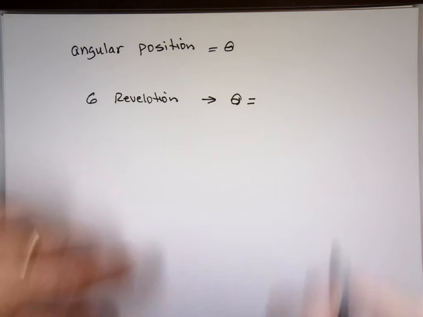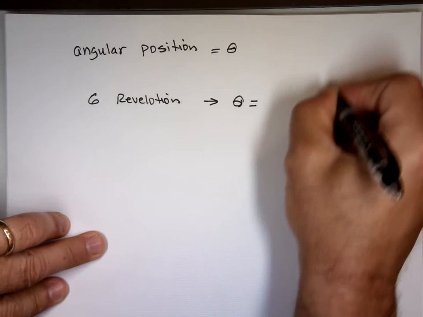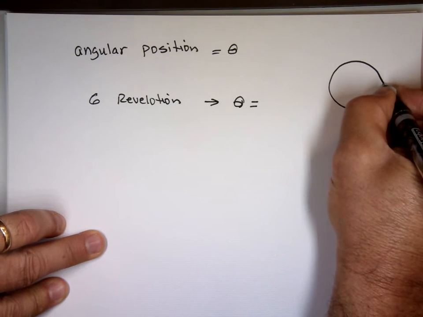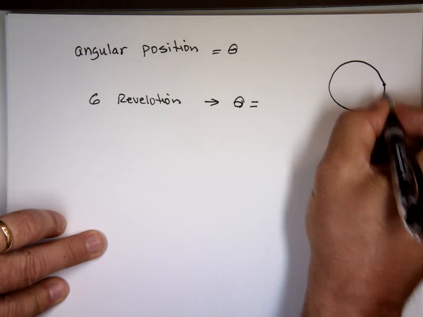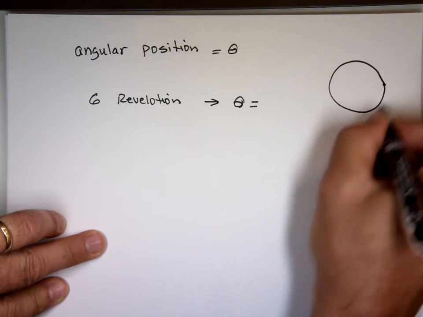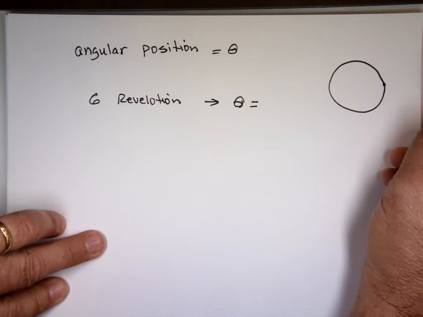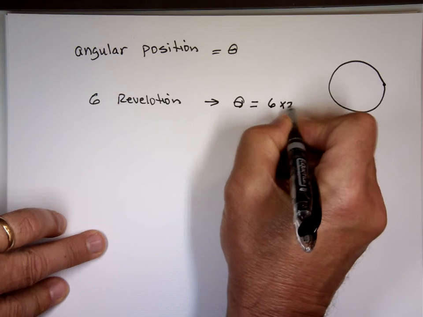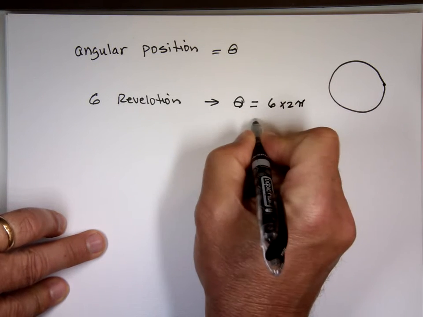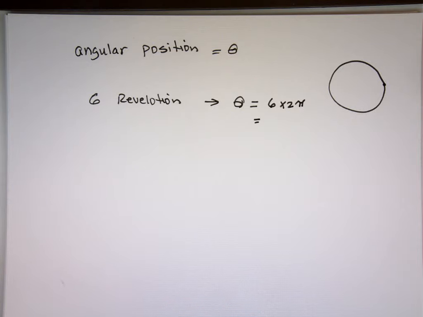When you start from this point and you go around to the same spot, clockwise or counterclockwise, doesn't really matter. It's positive versus negative. How many radians do you travel? That's 2 pi. So if you get 6 revolutions, that means 6 times 2 pi, and that's your distance traveled in radians. That's called angular position.